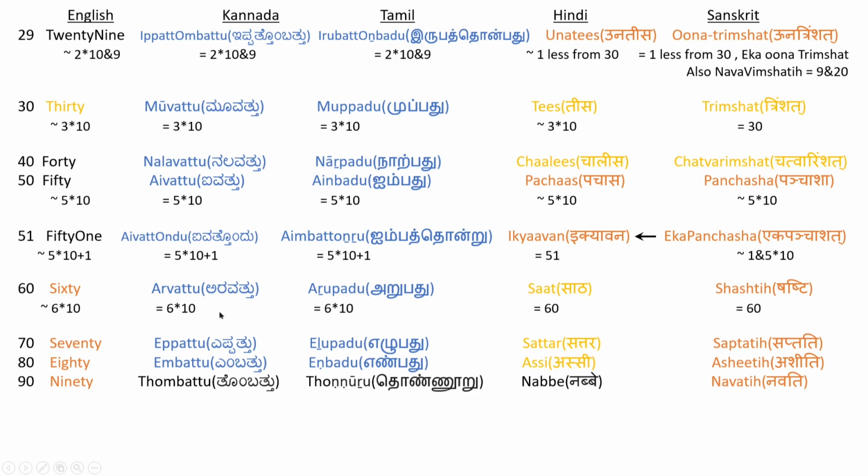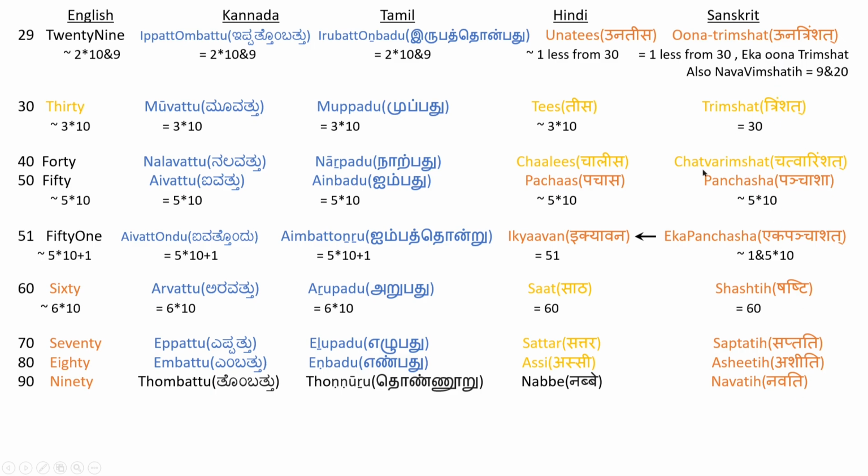So 60, 70, 80 and 90 in Hindi are pretty close in sound to Sanskrit. Shashti becomes 60, Saptati is 70, Ashiti is 80, Navati is 90. Maybe Sanskrit was inspired by some Latin or some other form here, because it's not consistent with whatever was defined.